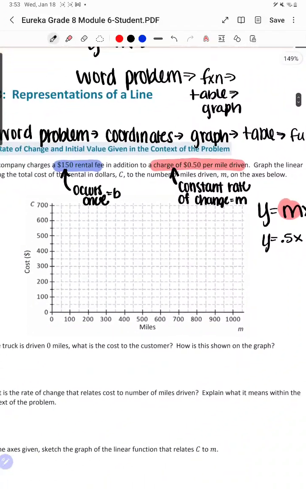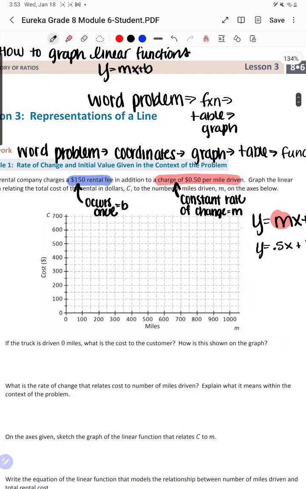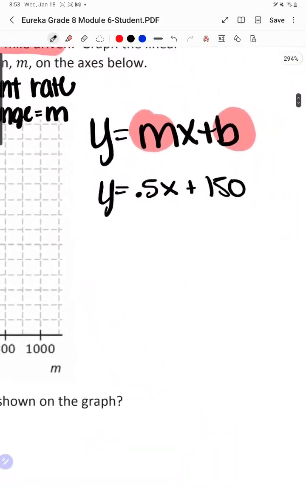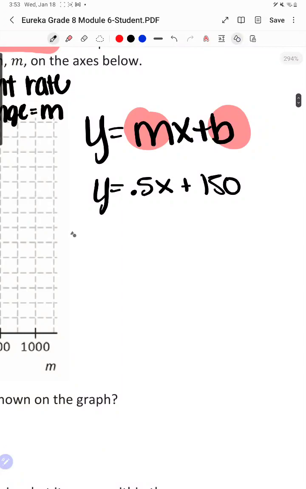Now what we're going to do is it wants us to ultimately create a graph from here. But I'm going to go ahead and make a table first so that we can have a super precise graph.